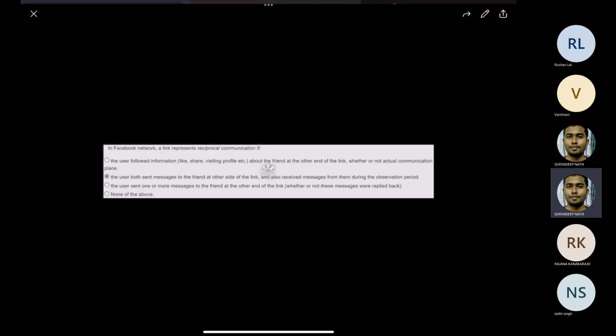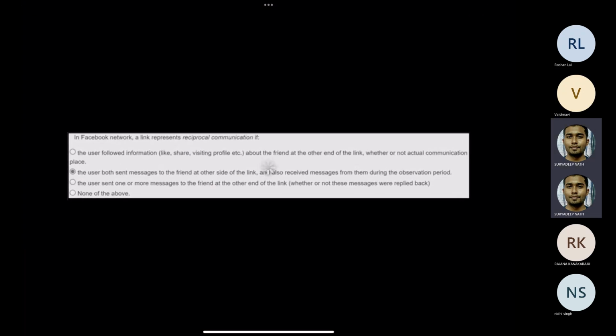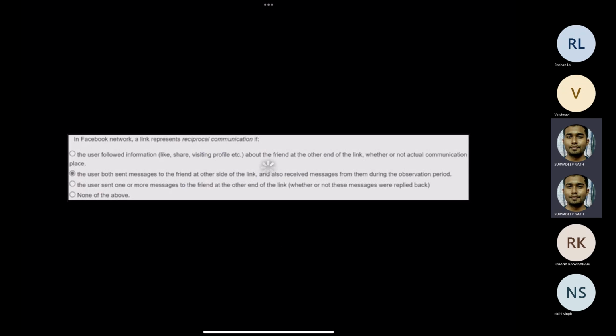Okay. In a Facebook network, a link represents reciprocal communication. If a user followed information about a friend at the other end of the link, whether or not actual communication; if the user both sent messages to the friend at the other side of the link and also received from them during the observation period; the user sent one or more messages to the other end of the link, whether or not.